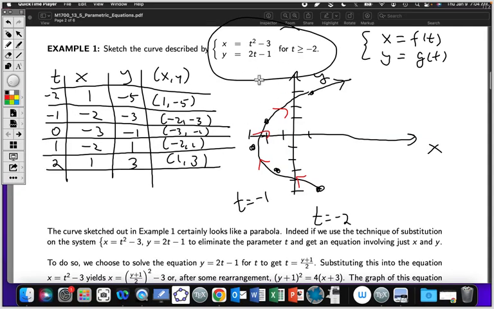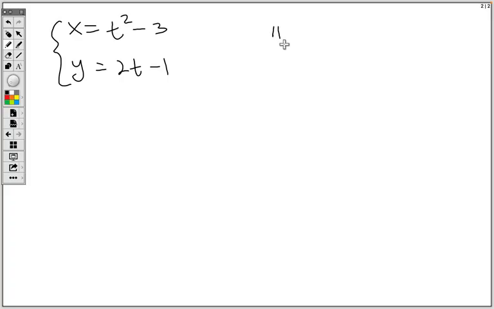So treating this as a system of equations, we can do what we did in algebra with substitution and elimination, and we can eliminate the parameter. In other words, this isn't always the case we can do this, but we can attempt to just get a relationship between x and y, right?